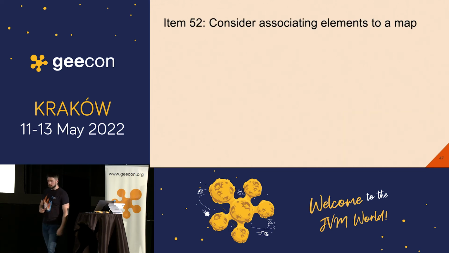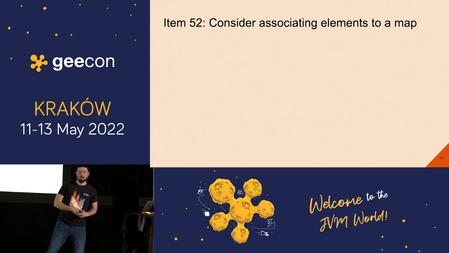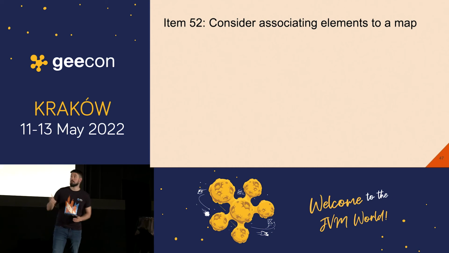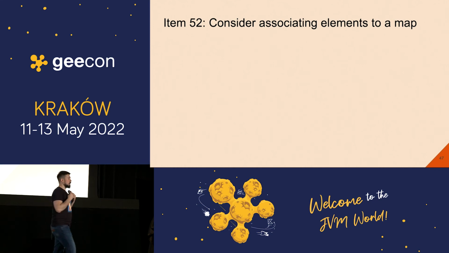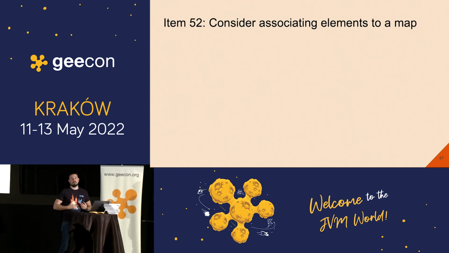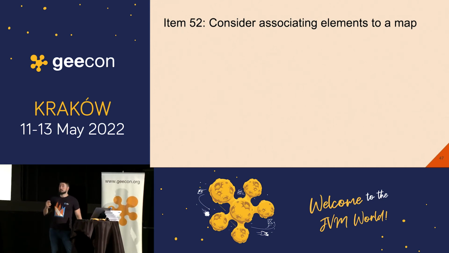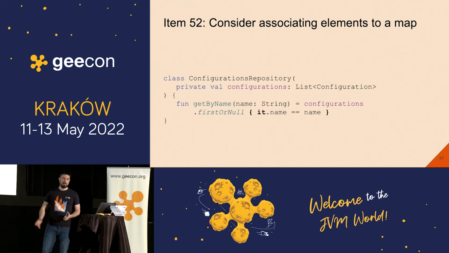Another rule I've learned from the company I worked for, it's very popular in Allegro. It's a very powerful optimization to associate elements into a map to optimize finding them. So imagine that you have a list of configurations and you very often need to find a configuration by its name.